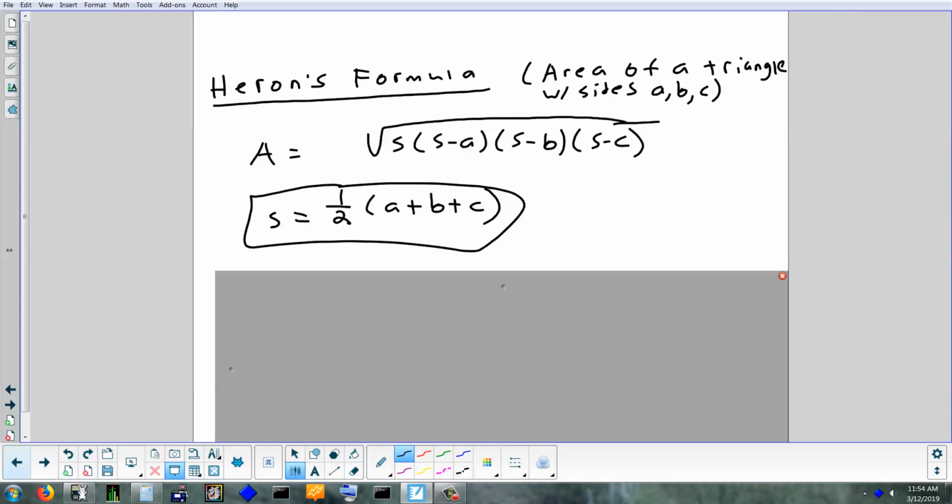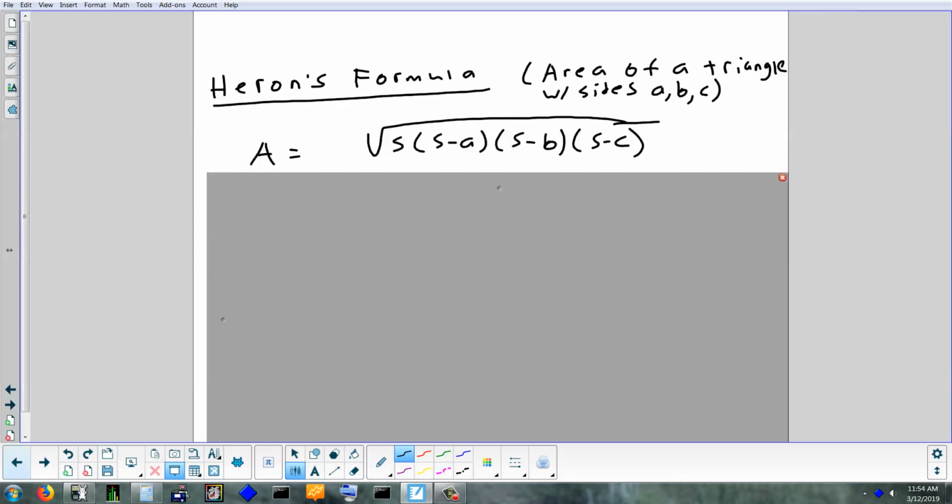But the shortcut, if you don't want to do law of cosines, it's called Heron's formula. This formula is good for when you know all the sides and you don't want to use law of cosines to find an angle first. So A, B, C. Those are the sides. But there's a letter here we haven't really done anything with, S. And it's kind of hard to guess what that stands for.